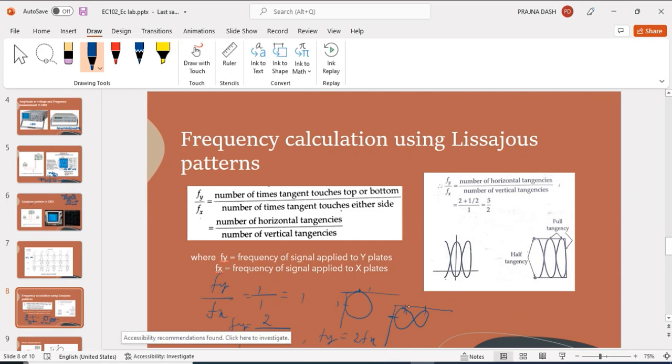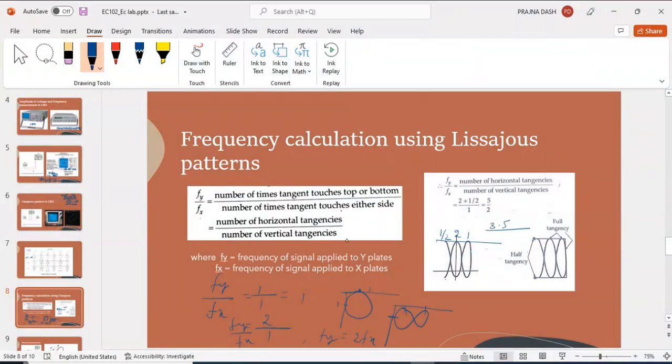One is your known frequency, another is your unknown frequency. If the structure is not a complete structure, if you are getting this kind of structure, then when you calculate the tangency, one time it is touching, 2 times it is touching, and there is an open side. The open side is considered as half. That means total horizontal tangency is 2 plus 1, 3, and half, so 3.5 is your horizontal tangency.